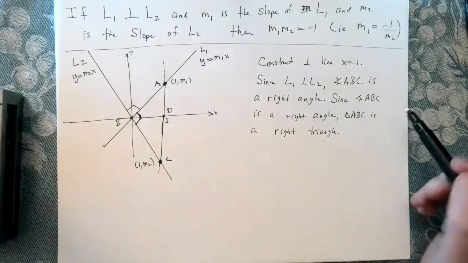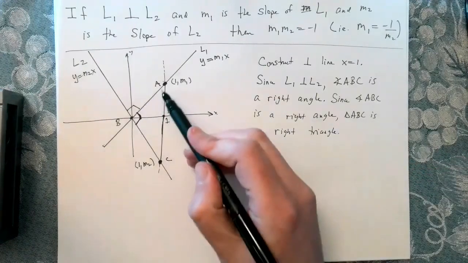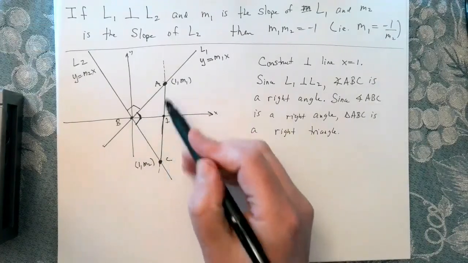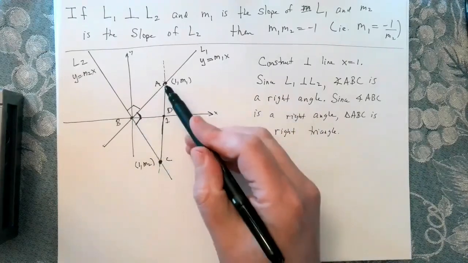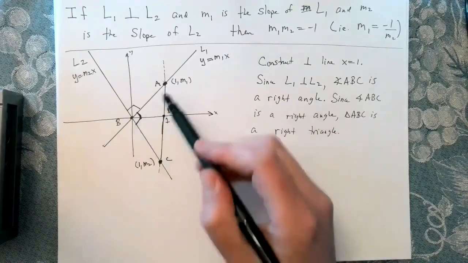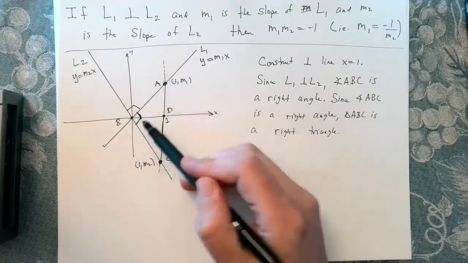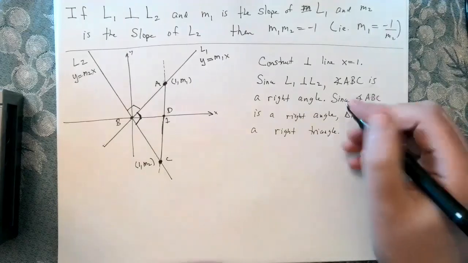And since triangle ABC is a right triangle, the Pythagorean theorem holds. So if that's the right angle, this has to be the hypotenuse, right? The hypotenuse is always opposite the right angle. So this is leg, hypotenuse. So by the Pythagorean theorem, leg squared plus leg squared equals hypotenuse squared. Okay, so let's set this up.